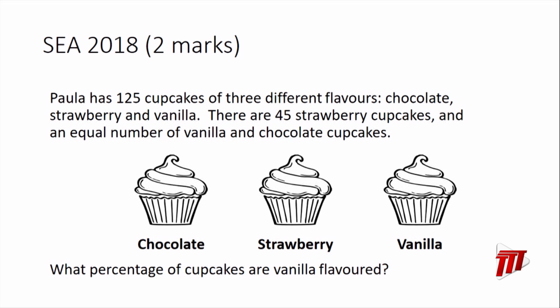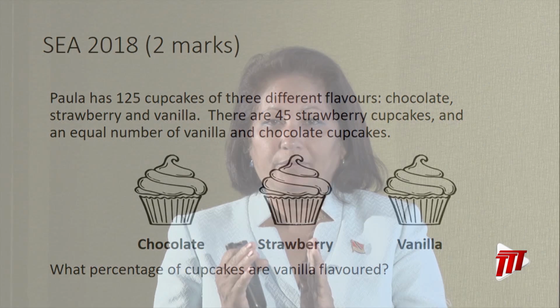All right? So what is the plan therefore? The plan is we must find the number of vanilla cupcakes and then convert that number into a percentage. So the first thing we have to do is find the number of vanilla cupcakes, and after that we would look at converting to a percentage.